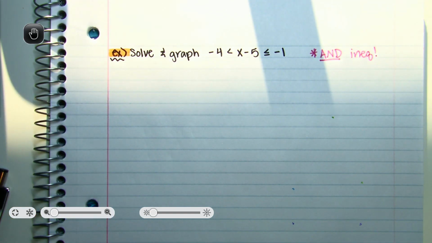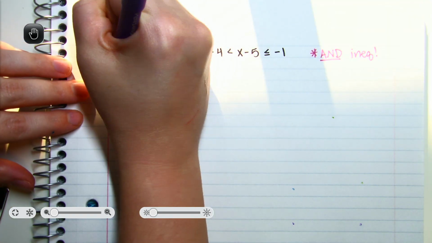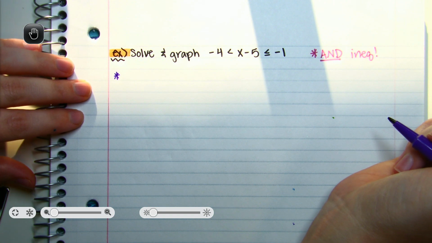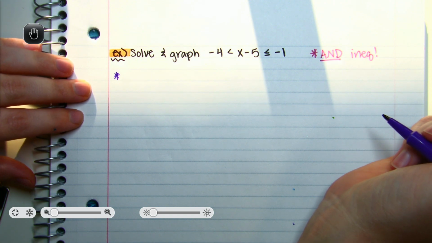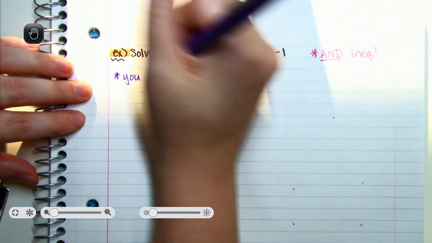All right, now there's two ways of solving this. You can either separate them into two separate inequalities or keep them together and solve it. So I'm going to go ahead and write that note. I personally prefer to keep it together as one, but I'm going to show you both methods so that you can decide which one you like the best.